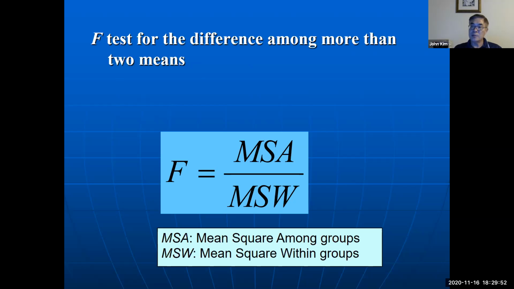For the F test statistic, F equals MSA divided by MSW, where MSA is the mean square among groups and MSW is the mean square within groups.